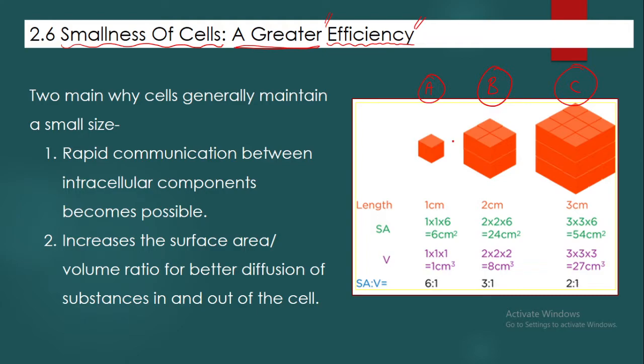According to this statement, cube A is most efficient and cube C is least efficient. Why? The question is why?